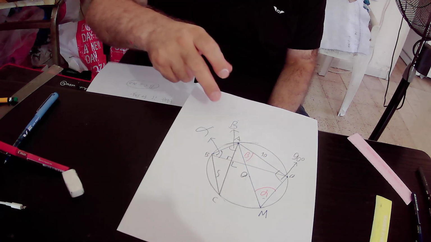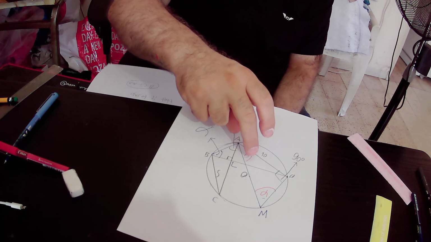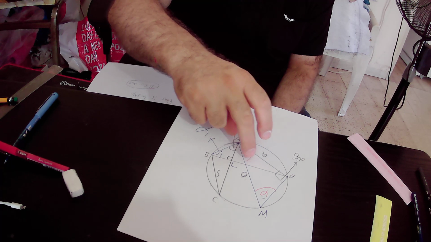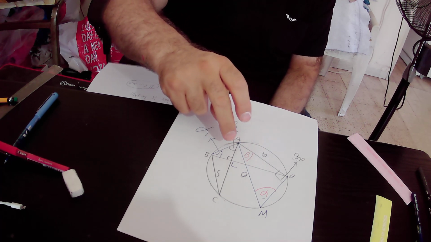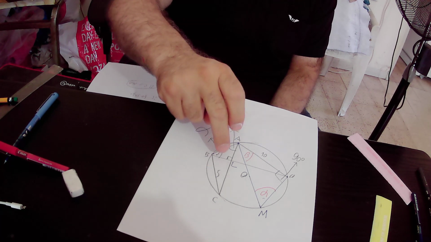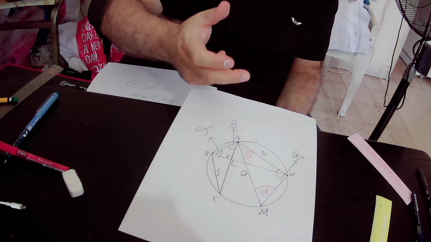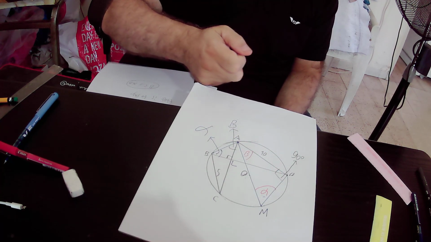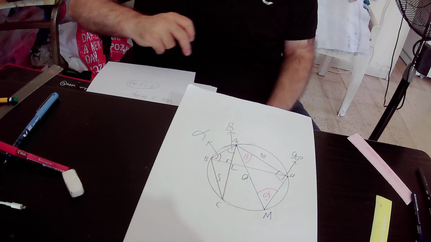Again, because both of them equal angle beta, they also rest on equal chords. So BC equals MD.